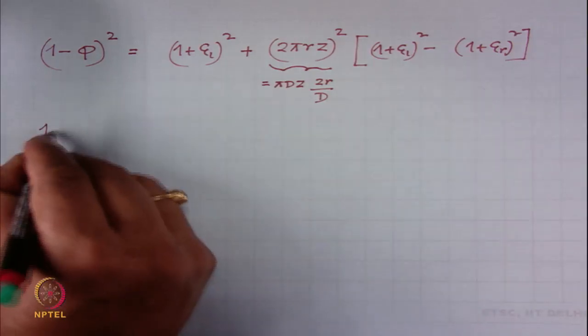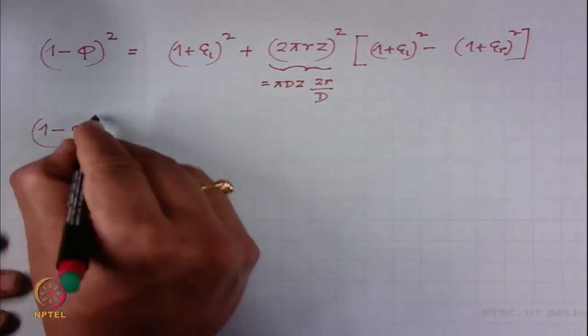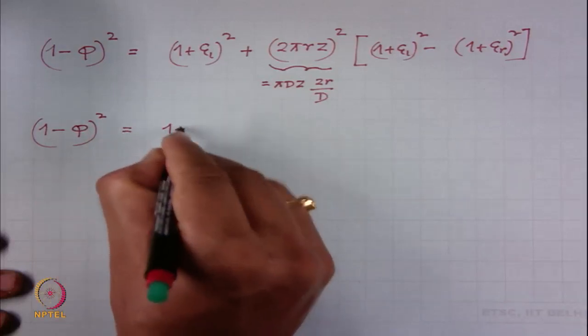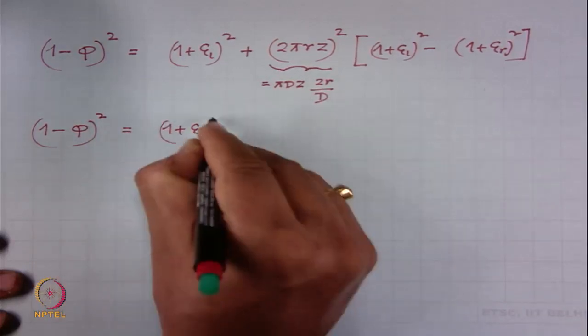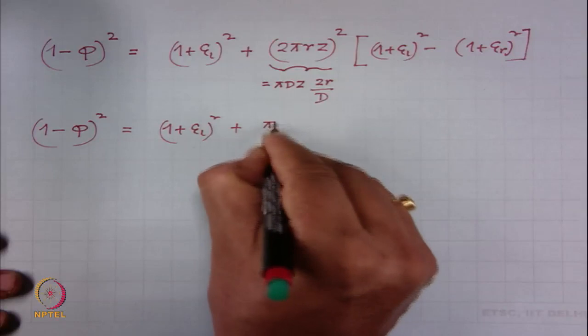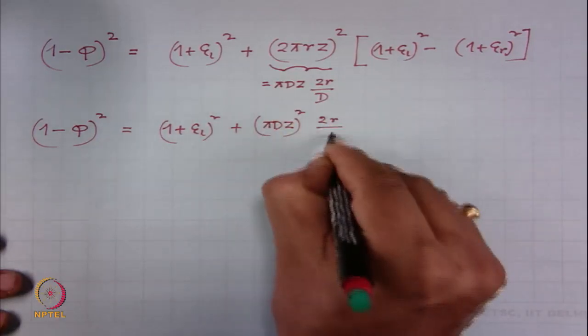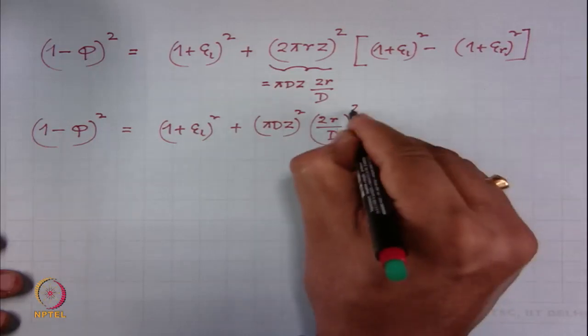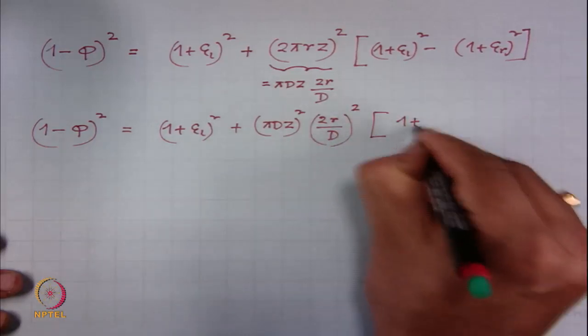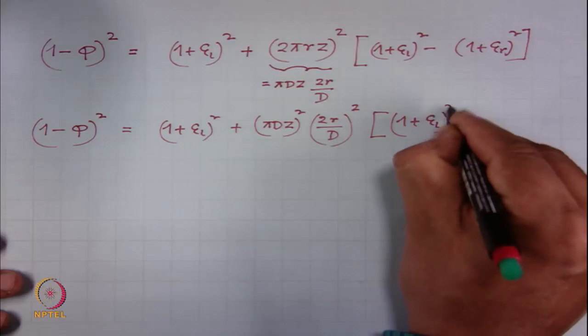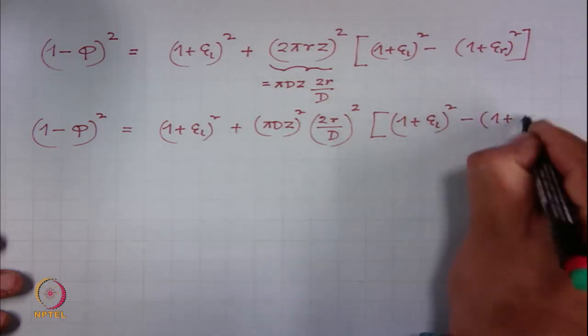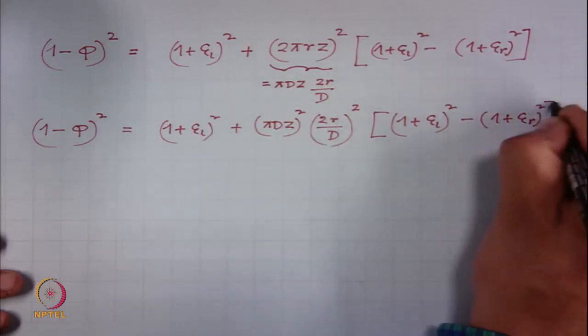So, what we obtain is 1 minus phi squared plus pi d z square 2 r by d square 1 minus epsilon r squared 1 plus epsilon r square.